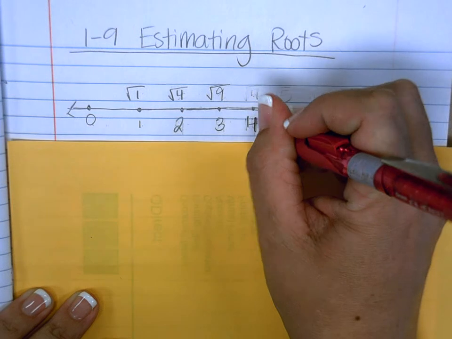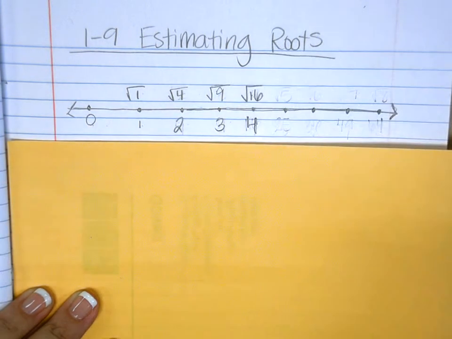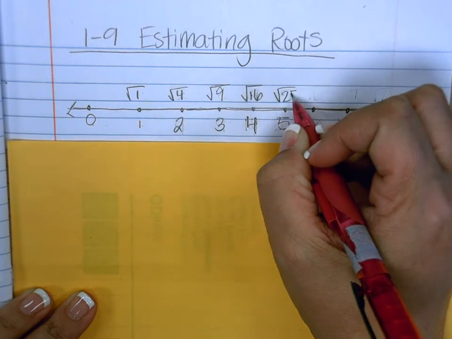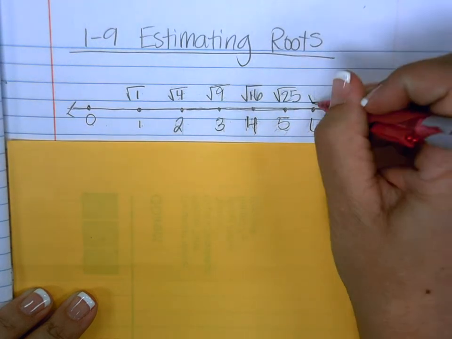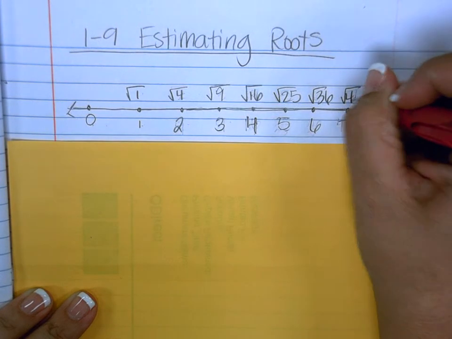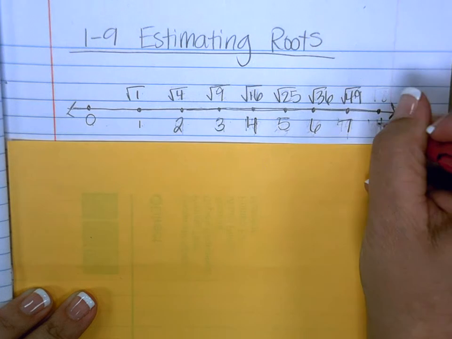So what's 4 going to be? Square root of 16. You get it? I'll keep filling in while you guys are writing. Like I said, we're only going to go up to 8 because you guys get it at this point, I think.